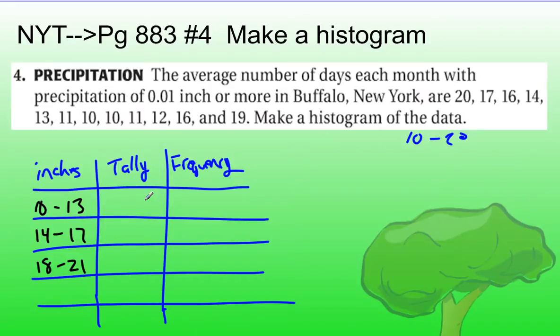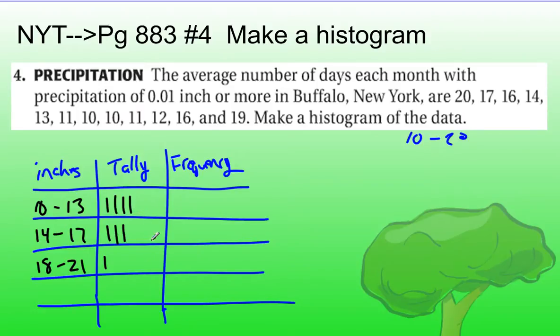Now, tallies. So I'm going to go through my numbers, and I'm just going to make a tally mark where it belongs. So 20 is in that range, 17, 16, 14, 13, 11, 10, 10, 11. Ugh, I was dumb. I was going too quick. I wasn't thinking.